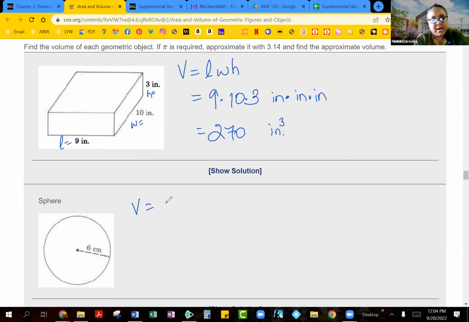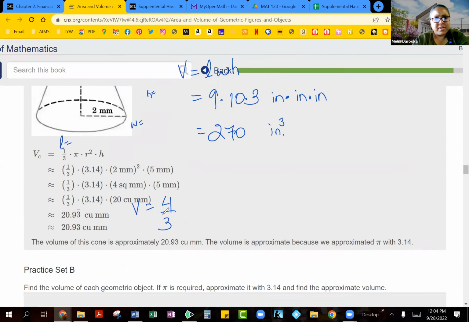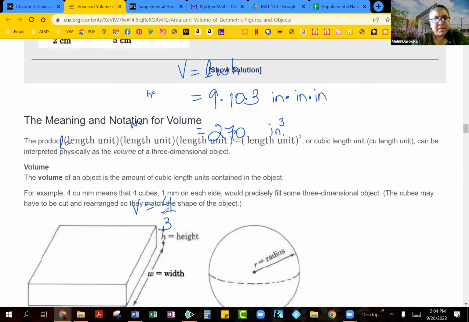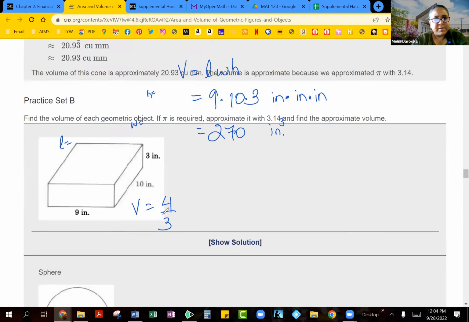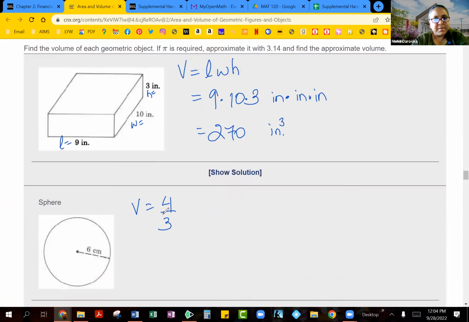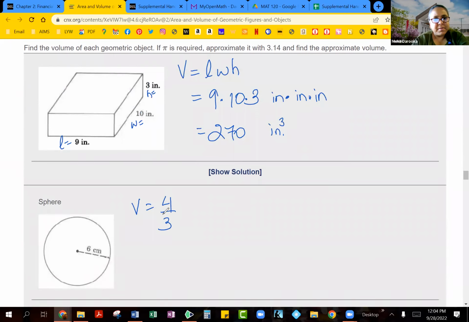Now for the sphere, we had 4/3, and this one I do want to confirm. Oh, pi r cubed, yeah. Alrighty. So 4/3 pi r cubed. Remember, for pi, we are using 3.14. And for r, they're giving us the radius as 6 centimeters.